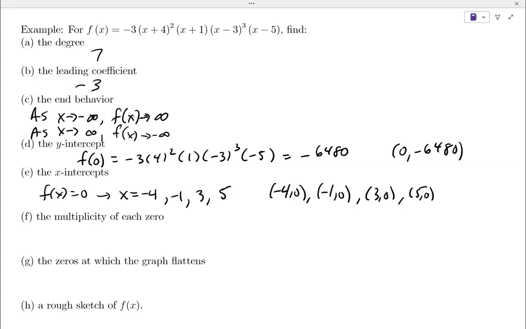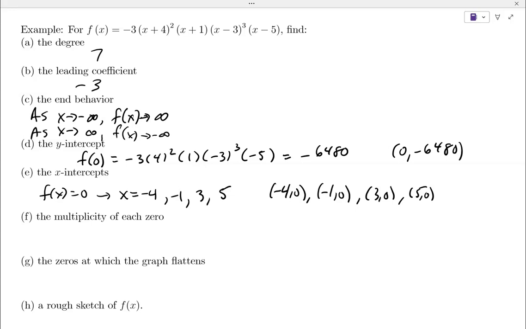All right. So remember, the intercepts and the zeros go together, right? So the zeros of our function are these 4 x values that we just found. What do we look at to figure out the multiplicities of each of those zeros? What piece of information is this asking us for?